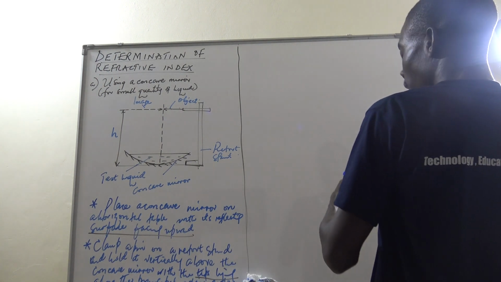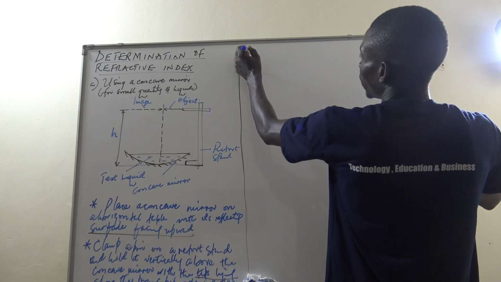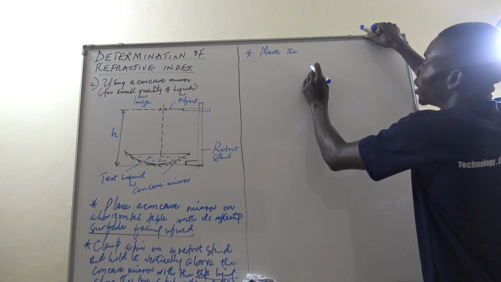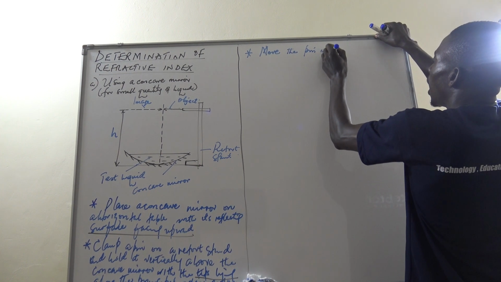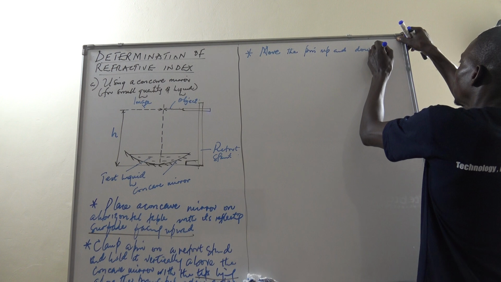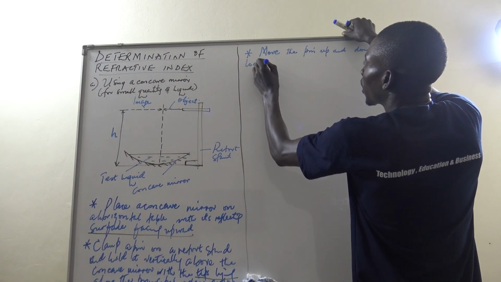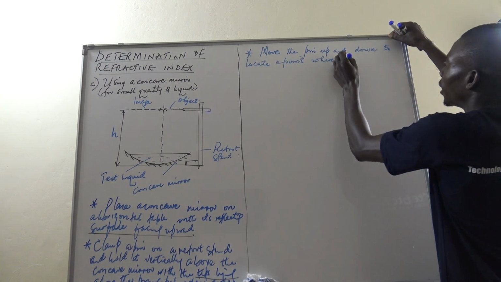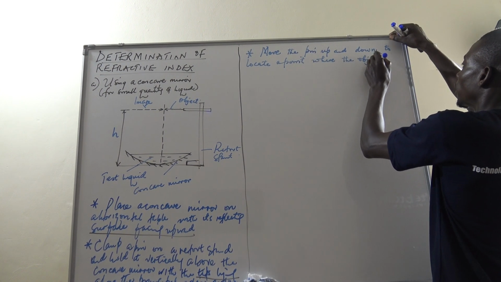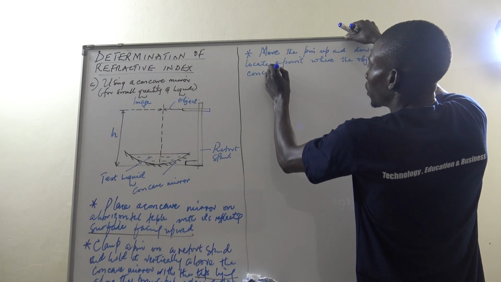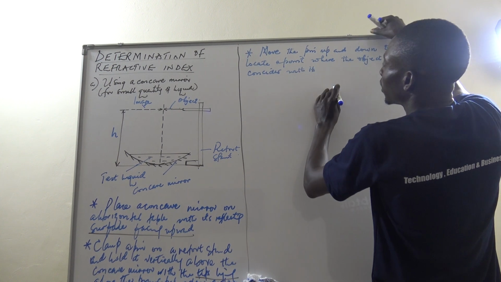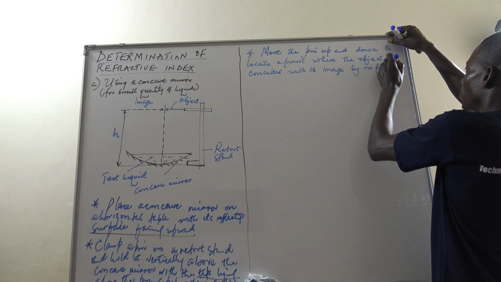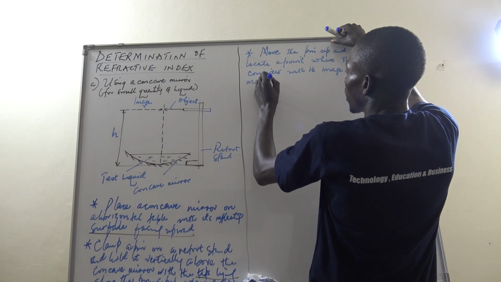And then we can add by saying: move the pin up and down to locate a point where the object coincides with its image by no parallax method.